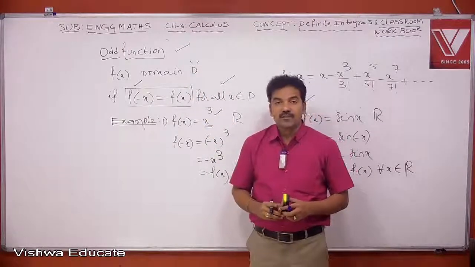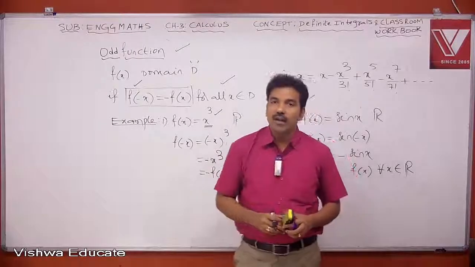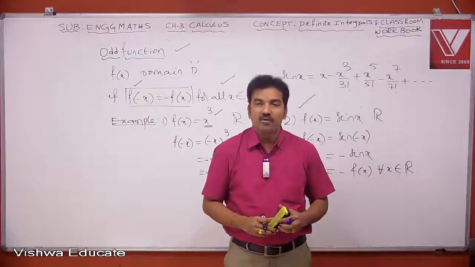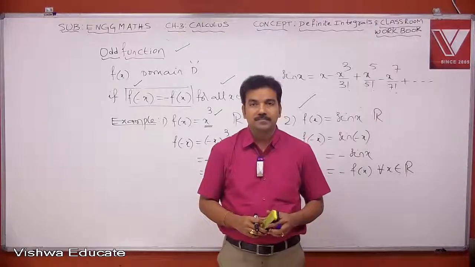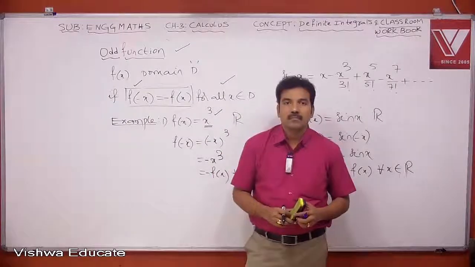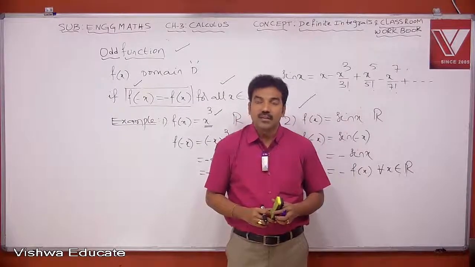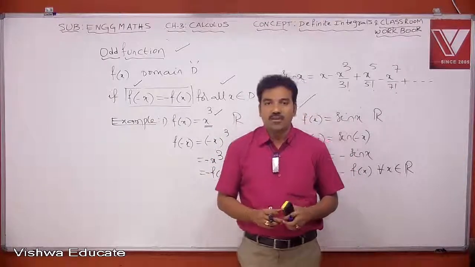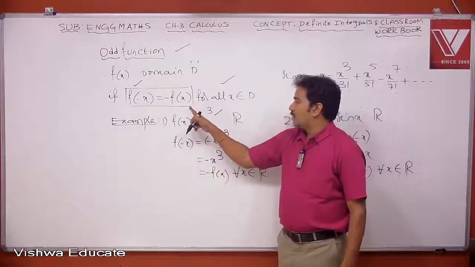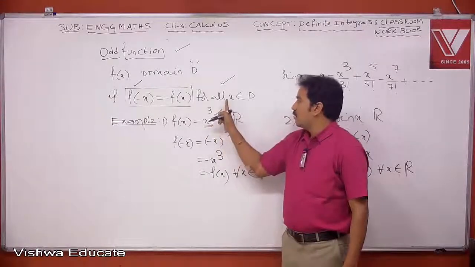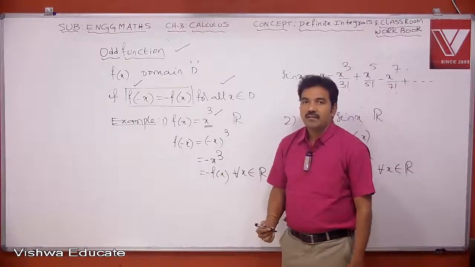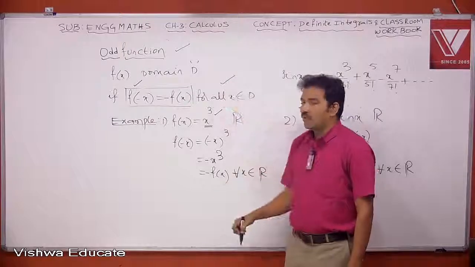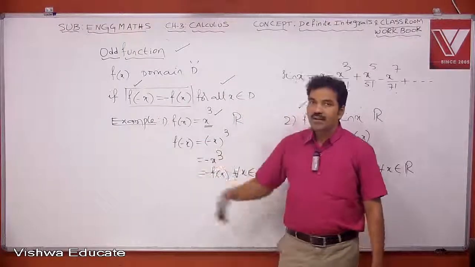Let f of x be a function defined over a domain capital D. We say that f of x is odd if f of minus x equals minus f of x for all x belonging to D. Now note down example 1 and example 2.